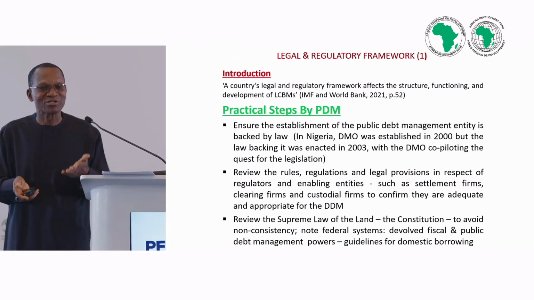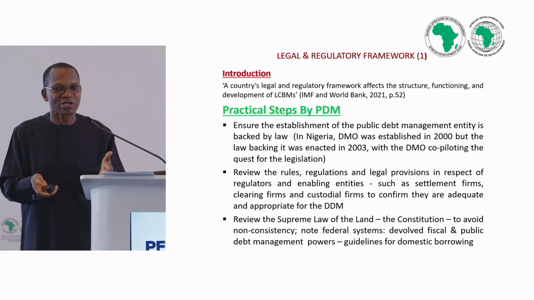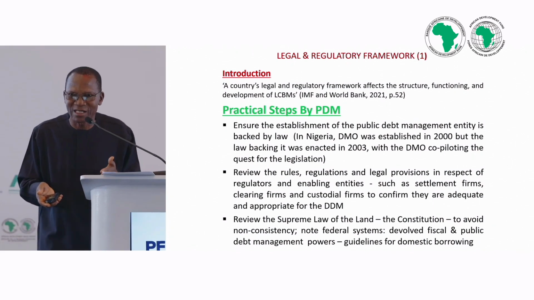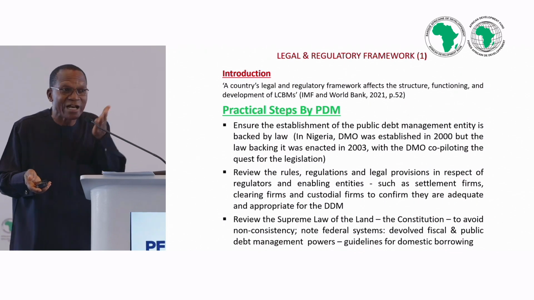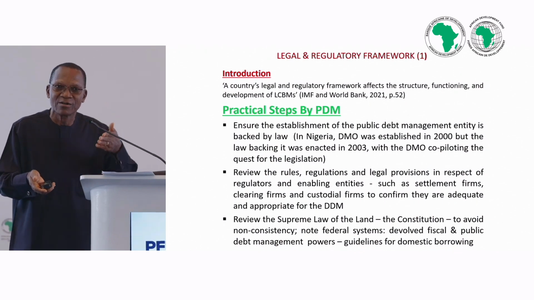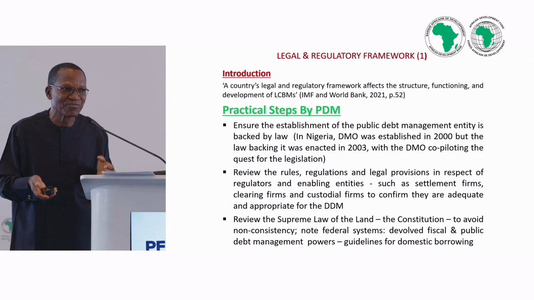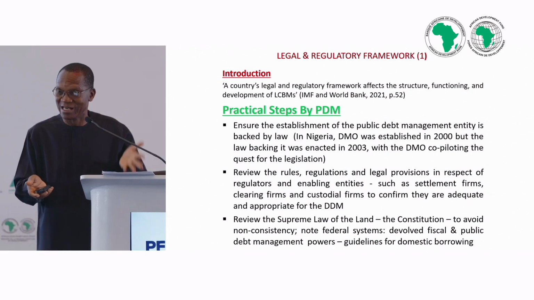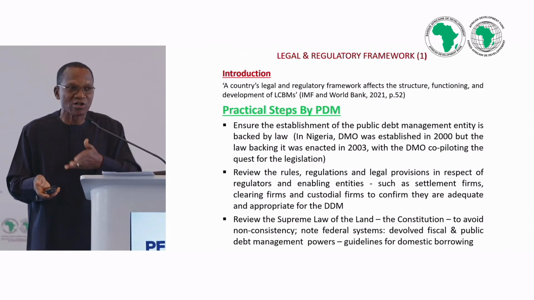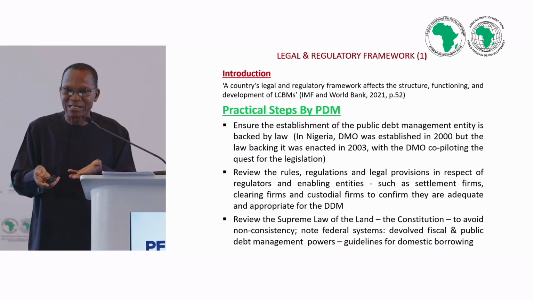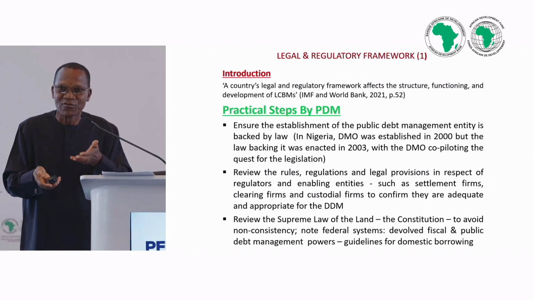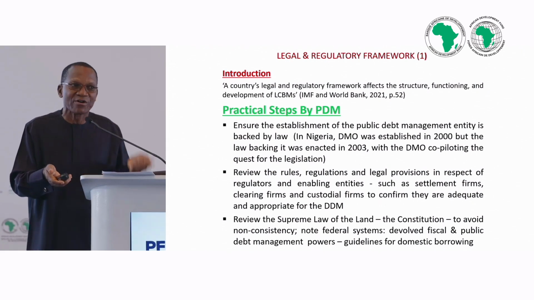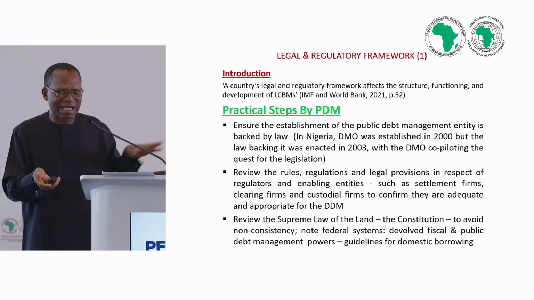Also, it's the DMO that will remind the tax authorities through the Ministry of Finance, the fiscal authorities, that look, there should be tax waivers on incomes from sovereign securities, maybe for the first 5 years of the operation of the market. That look, we want to develop the market. So let's say until it is 7 years, all incomes any investor earns from investing in the sovereign bond should be tax exempt. So there's a tax waiver.